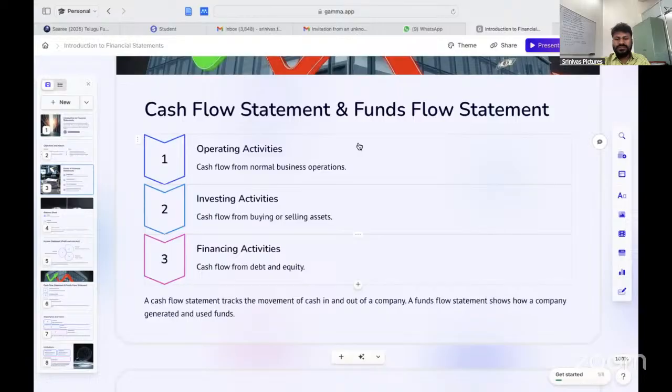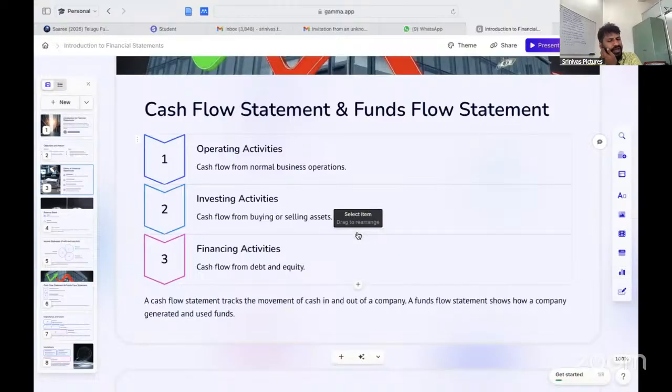So here the investment activities talk about the cash flows from the buying and selling of assets. The next one is the financing activities. Financing activities talk about the cash flow from debt and equity. Whoever invests in your company, that is a cash inflow from financing activities.